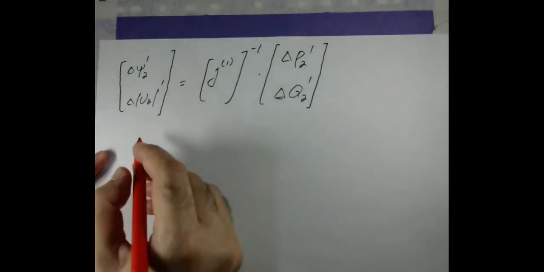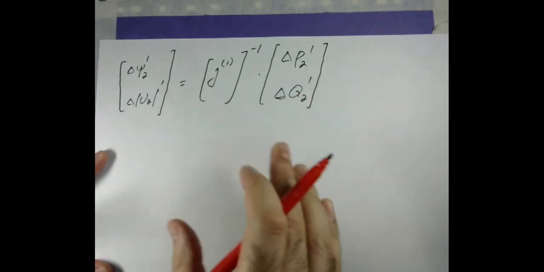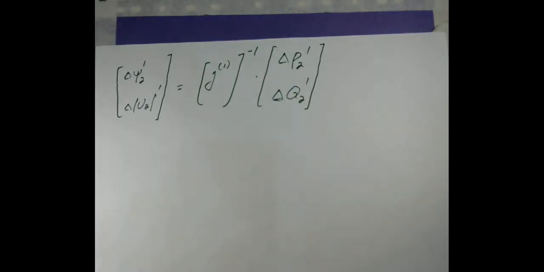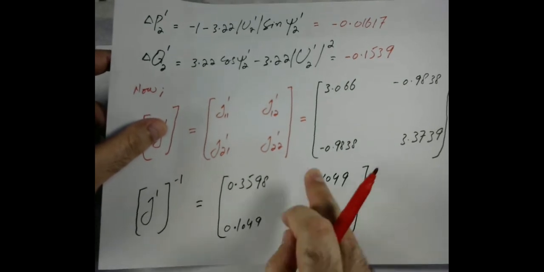After taking the product, we have determined all the values I have written. This is the Jacobian, this is the inverse of the Jacobian matrix, and these are the power mismatches.